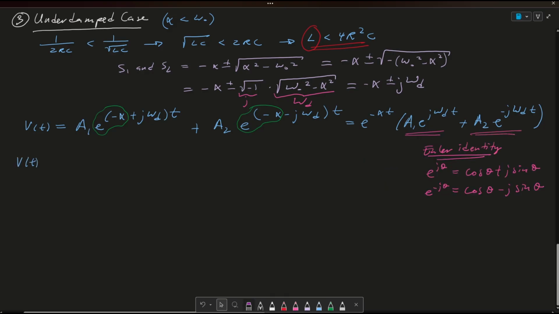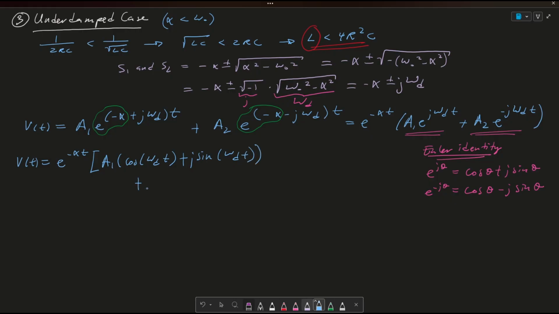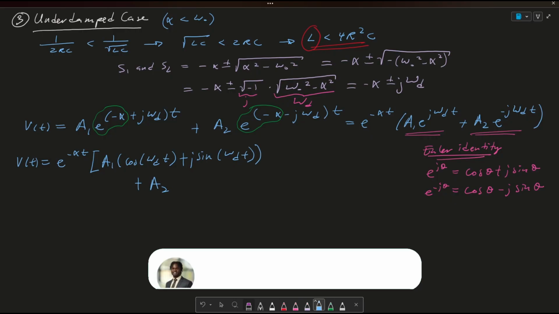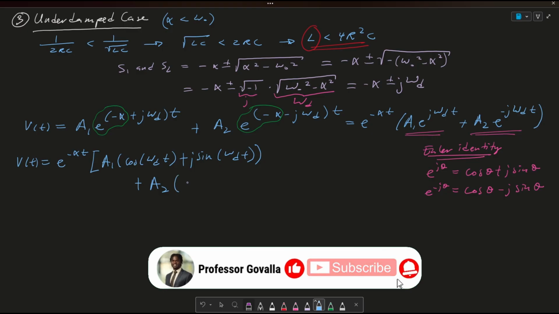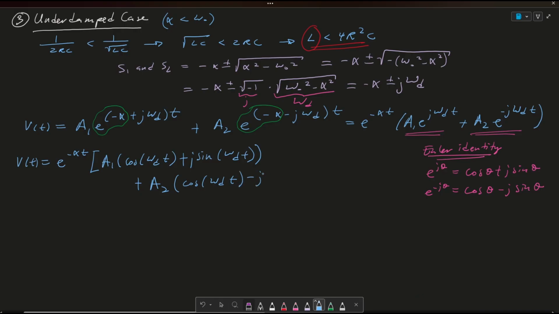So it becomes a bit long here, but v of t is going to be equated to e to the minus alpha t times a1 times cosine omega d t plus j sine omega d t. I'm going to write the second term on the bottom here to give myself more room. So plus a2 times cosine omega d t minus j sine omega d t.